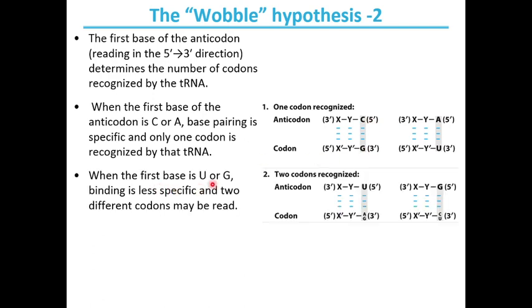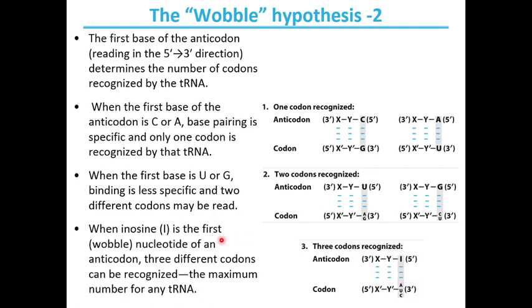When the first base is U or G, binding is less specific and two different codons may be read, which means that U can hydrogen bond with A or G, and G can hydrogen bond with either C or U. And it also says that the binding is less specific. When inosine is the first nucleotide of an anticodon, three different codons can be recognized.